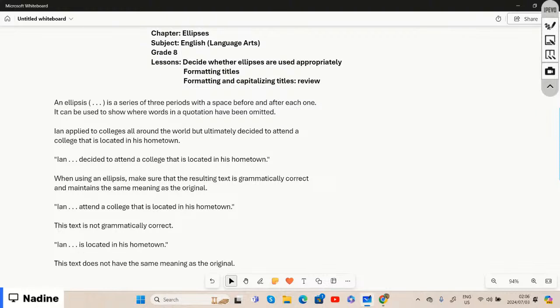And the lessons that we are going to be focusing on are deciding whether ellipses are used appropriately, and formatting and capitalizing titles, a review.